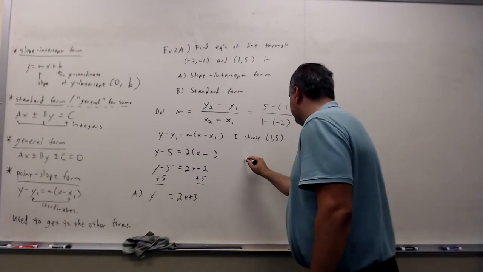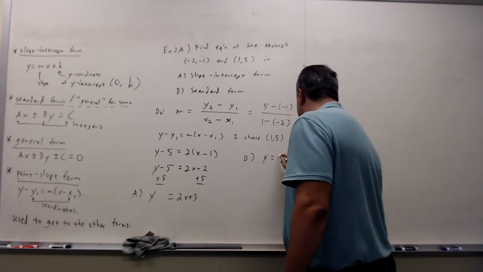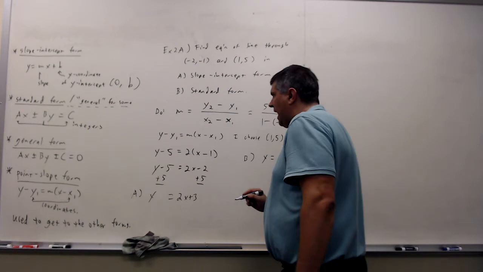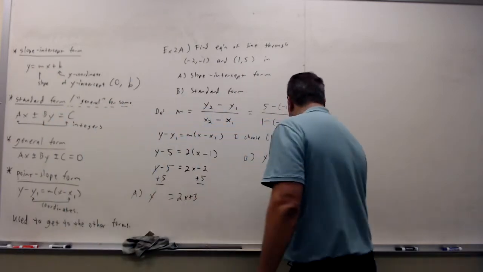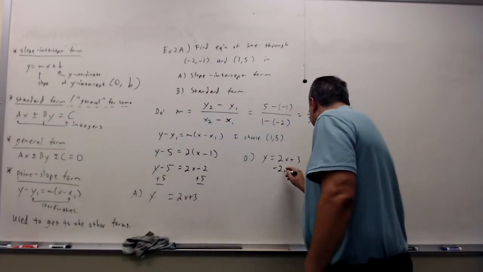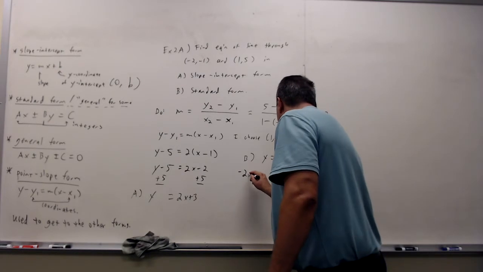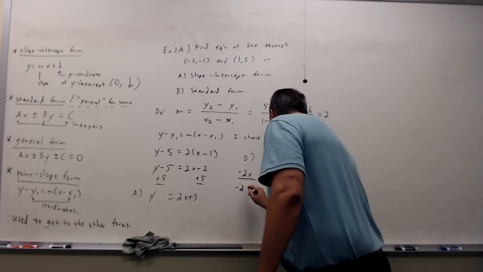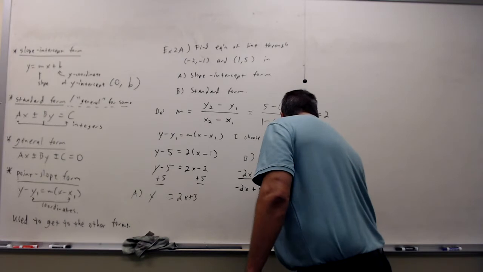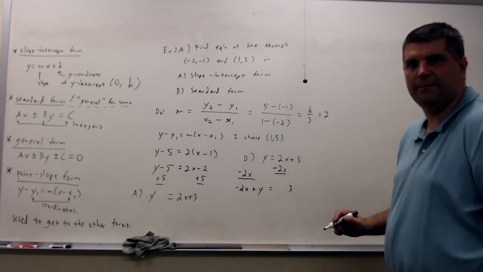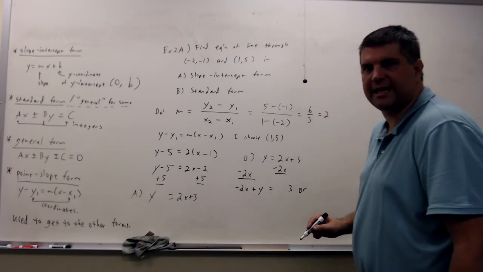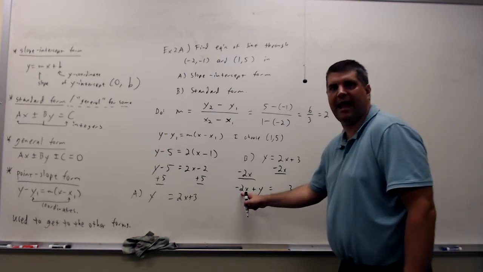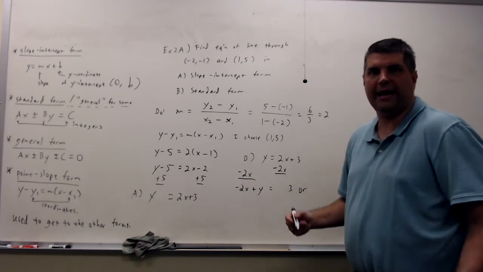Now I'll do B. I'm going for this form right here. So I need to subtract the 2x. I want to get the 3 by itself, so I'll subtract the 2x. So I have negative 2x plus y equals 3. Or some authors would insist that this can't be negative.